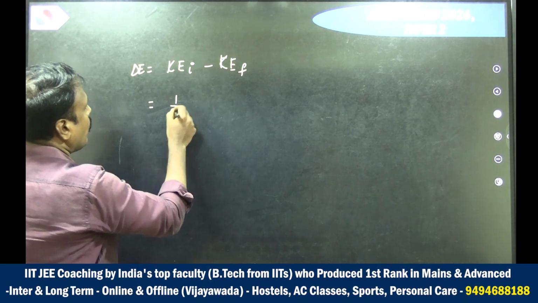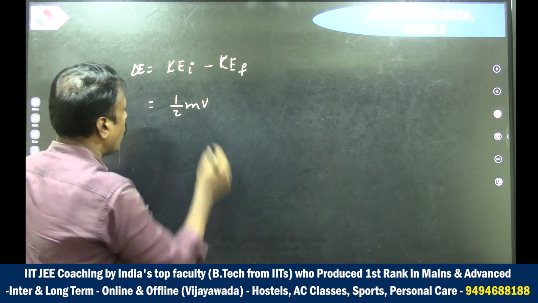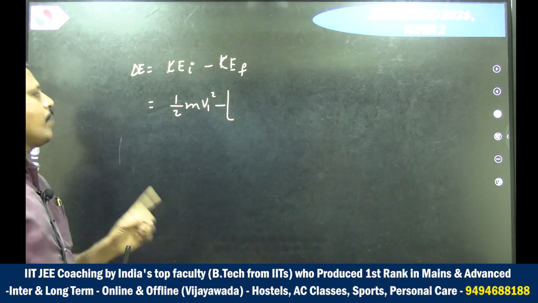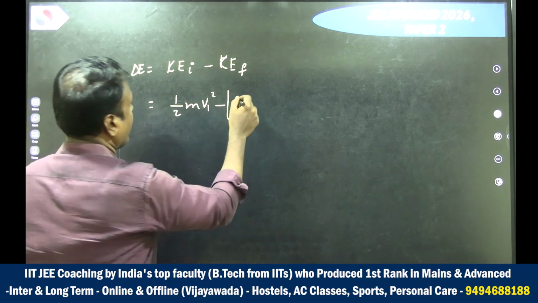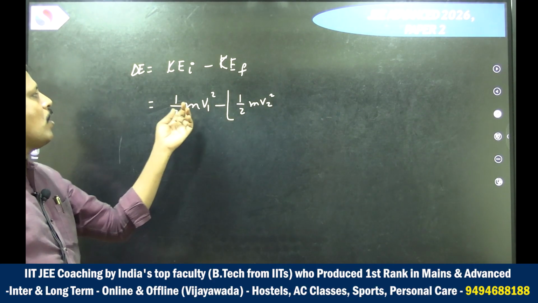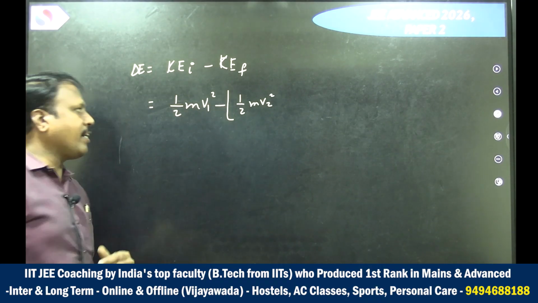Initially, because only the particle is moving, the kinetic energy is half m v1 square. After impact, the particle is in motion but with a different velocity. As you know, in the problem it was given like 190.